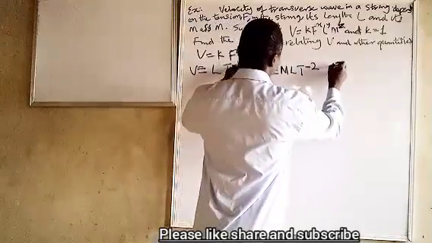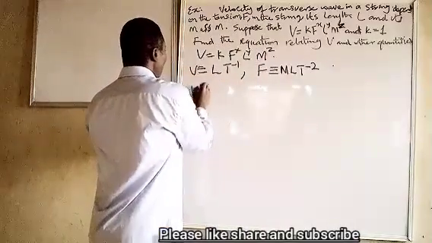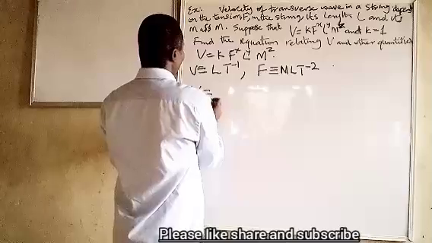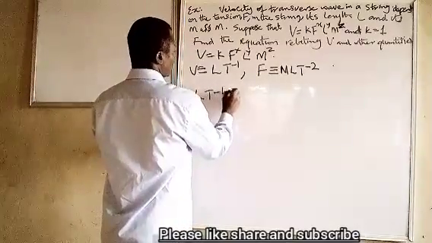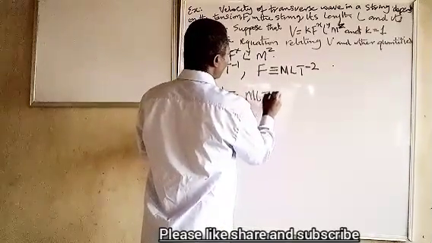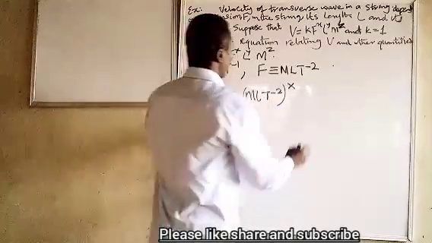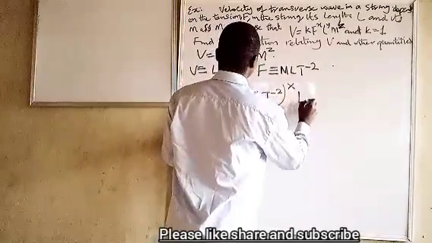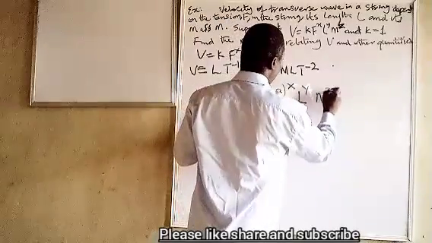L is L and M is M. Therefore, you can relate them by saying L T raised to power minus 1 is the same thing as (M L T minus 2) raised to power X, L raised to power Y, and M raised to power Z.